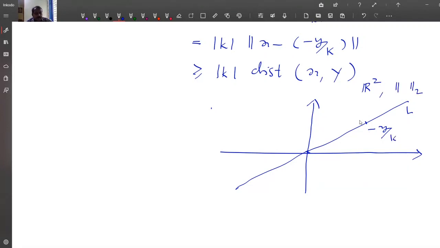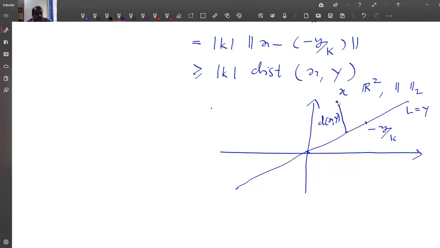You consider minus y by k here and you consider some x here. Then you know the distance between x and the subspace Y, the space Y is the line L. So the distance between x and Y is this.